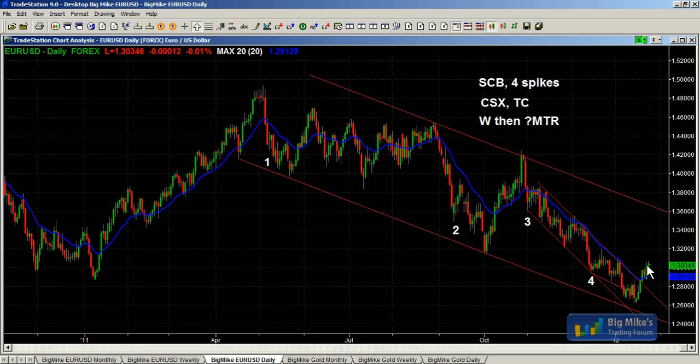Likewise, we're breaking to the upside here above the trend line, and if we pull back and then start to turn up again, yes, major trend reversal. But until then, it's simply a break above the trend line, and it could end up being a broader bear channel.